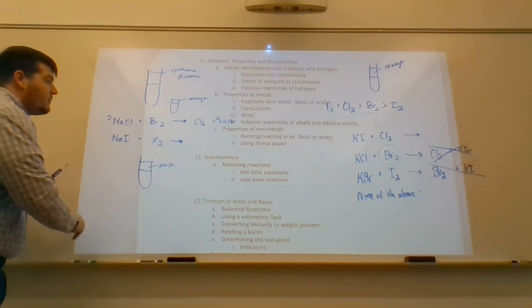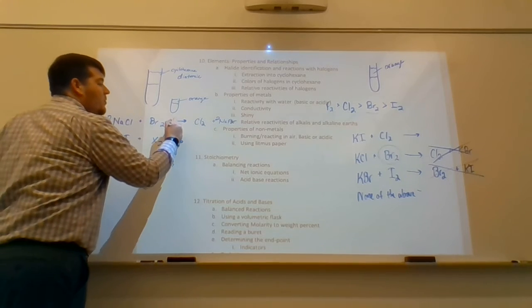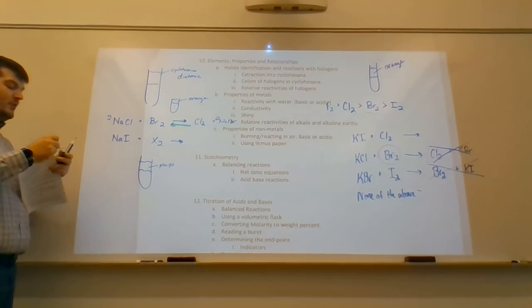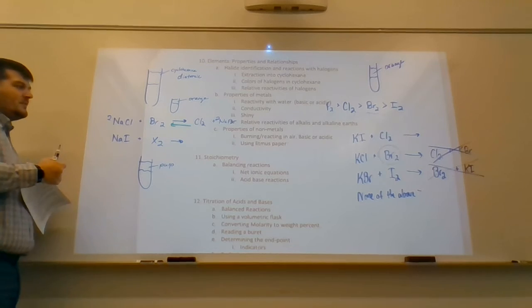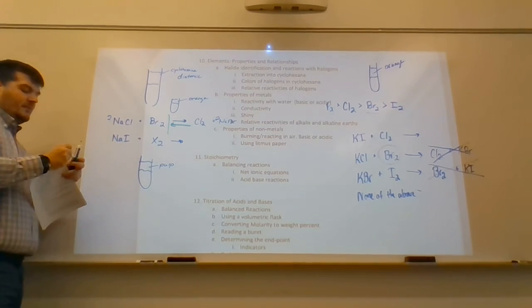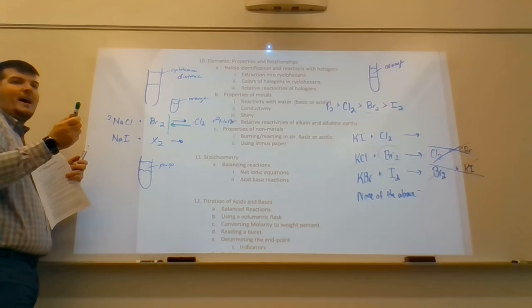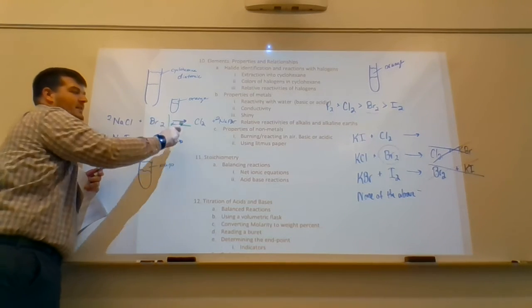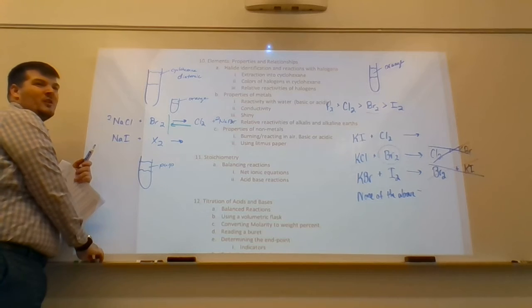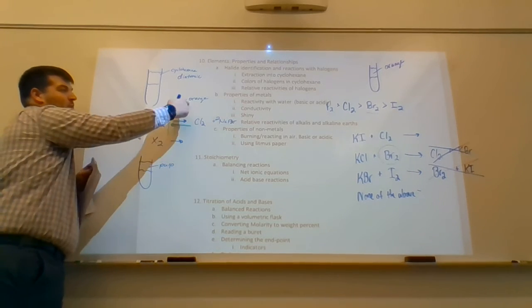Chlorine is stronger. So this reaction would not go forward, right? It would go that way. In other words, it would just get stopped. And that's why we see orange up here. Nothing would happen. There's no reaction taking place here because chlorine is actually stronger. So that's why we see orange here.